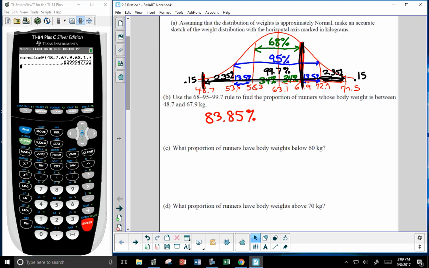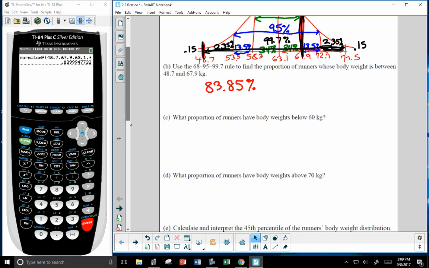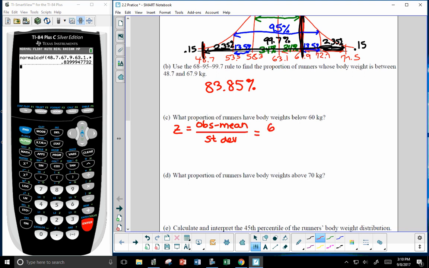Our observed score is going to be 60. The mean of our data is 63.1, and the standard deviation of our data is 4.8. Okay, so I'm going to do alpha y equals to get my fraction button. We have 60 minus 63.1 on the top, 4.8 on the bottom.